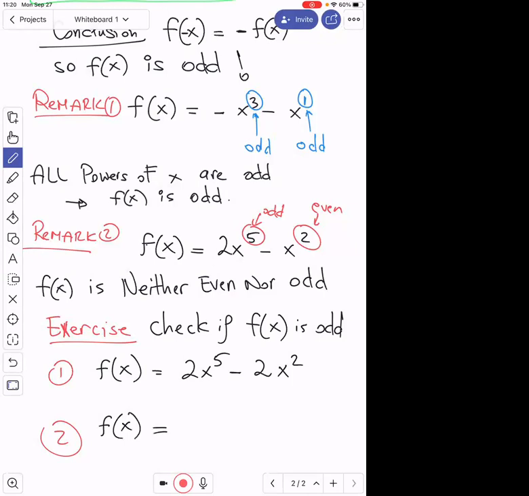For number 2, let's have, let's say, 4x to the power 7 minus, let's say, x cubed.